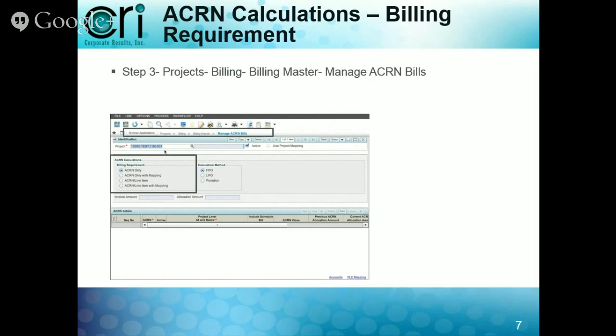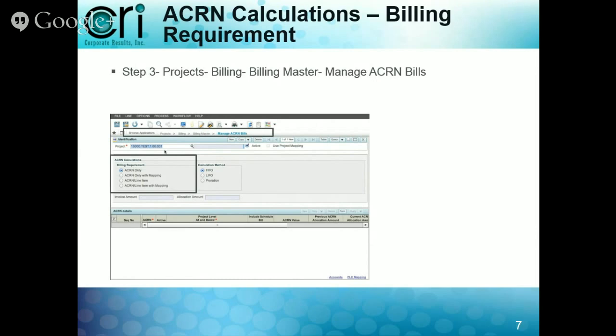The final choice in the billing requirement is the ACRN line item with account mapping. This is the other option to bill through the WAWF, and is the most restrictive option available in the billing requirements box. So the billing requirement allows you to enter the line item, but also requires you to enter either an account or a PLC, just as we discussed with the ACRN only with mapping. You would do that.